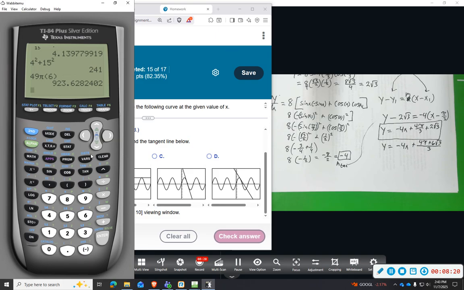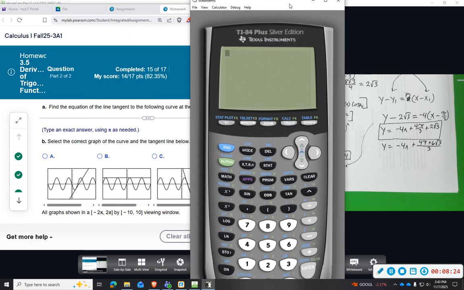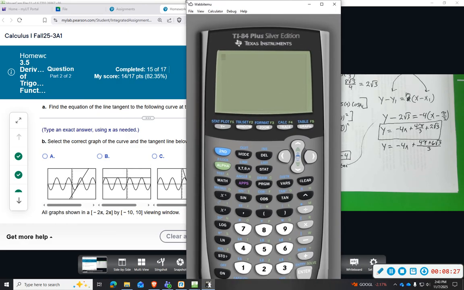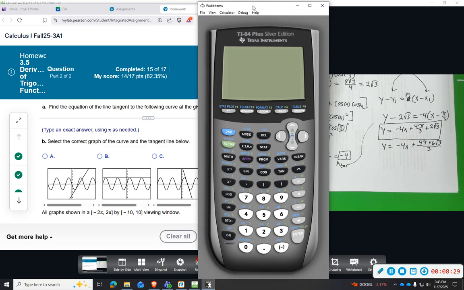So I'm going to clear out what I have, and they give me some things to change the viewing window as well. If you notice at the bottom it says make the viewing window negative 2 pi to 2 pi and 10. So we're going to go to y equal first. I'm going to clear out what I have here, and I'm going to type in this equation, negative 4x, and then I'm going to say plus, I'm going to make the fraction with alpha y equal enter.